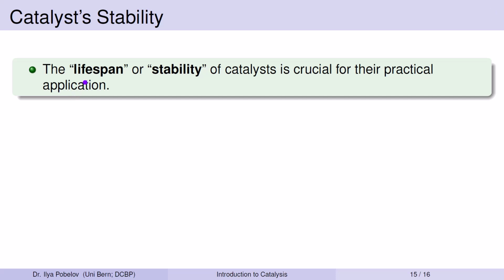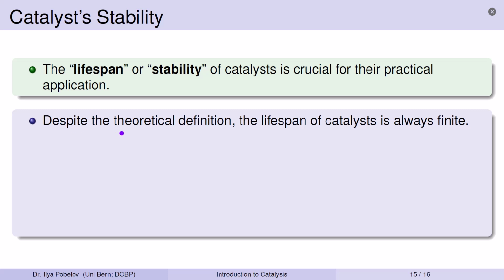In addition to activity, the lifespan or stability of catalysts is crucial for their practical application. Despite the theoretical definition of a catalyst as a substance that remains unchanged by the reaction it catalyzes, in reality, the lifespan of catalysts is always finite.